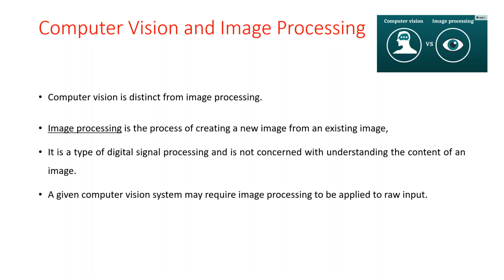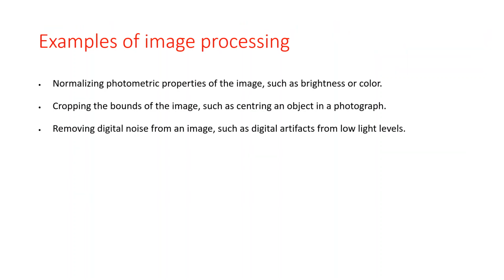A given computer vision system may require image processing to be applied to raw input, for example pre-processing images. For computer vision, we require some raw input, which is pre-processed images. So what are the examples of image processing?